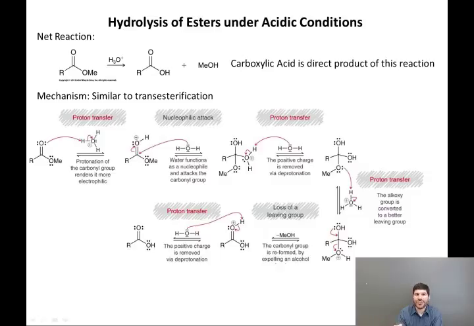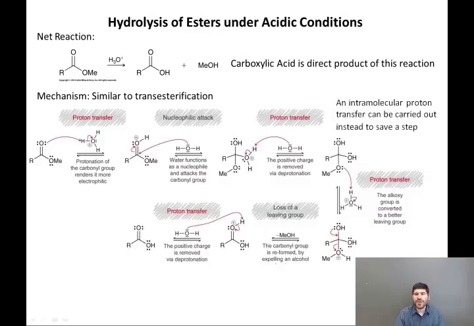So all we have to do now is use a molecule of water, deprotonate the protonated carboxylic acid, and that will leave us with the neutral carboxylic acid that we want as the final product. It will also regenerate the H3O+ that you need to start the mechanism all over again with another molecule.